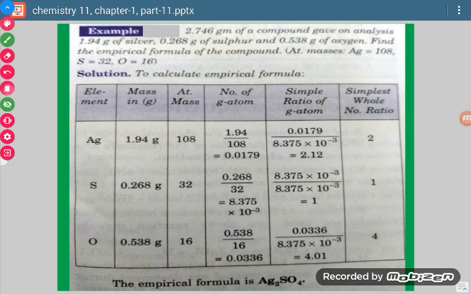Now as I told you earlier, if there is a little bit of increase, then the previous number is taken. So the simplest whole number ratio comes out to be 2:1:4. Now we will write the symbol of each element, and as subscript we will write the numbers. So we will obtain this as its empirical formula.